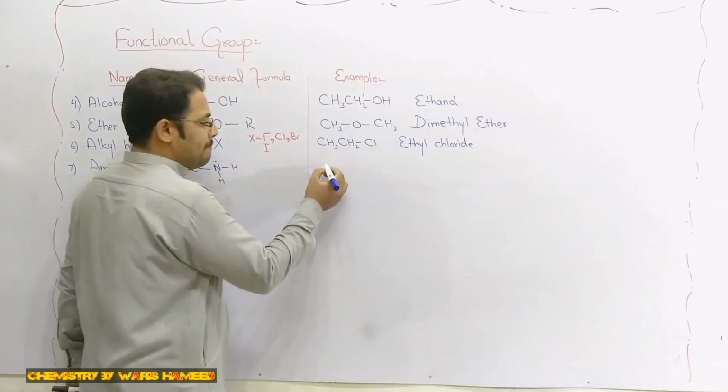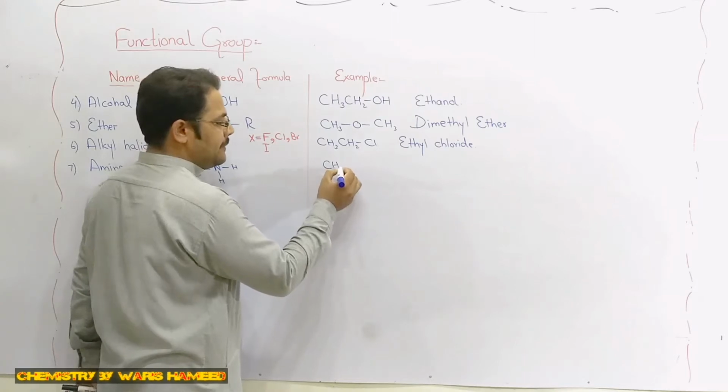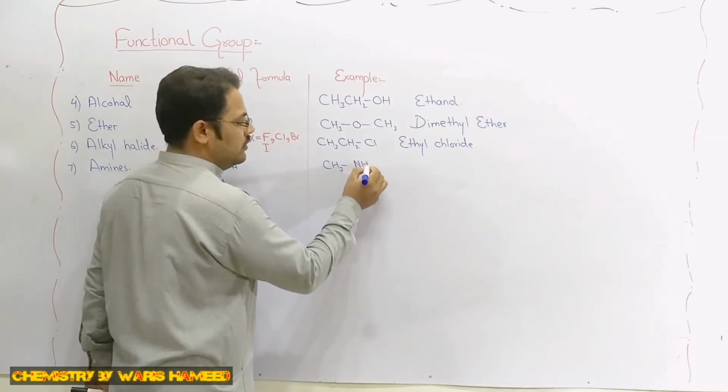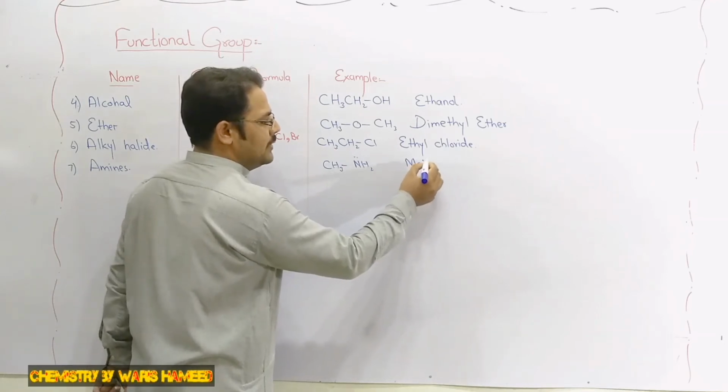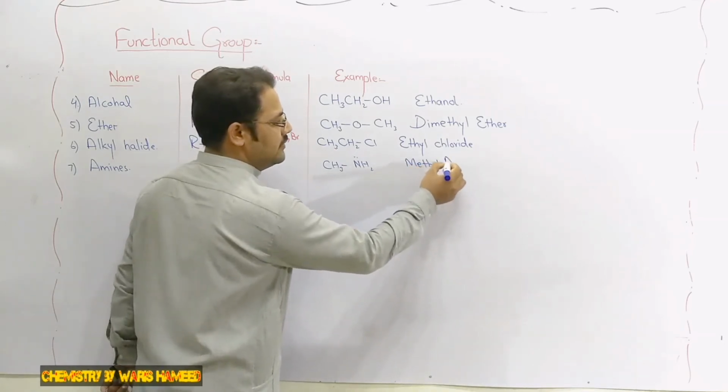For example, CH3 NH2, it is methyl amine.